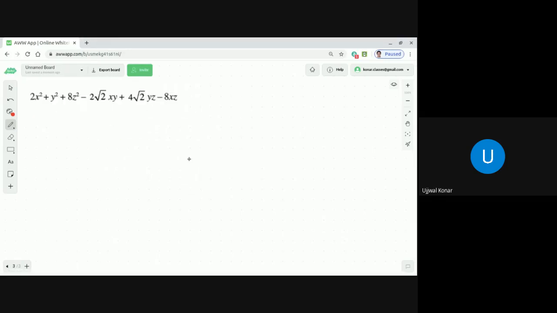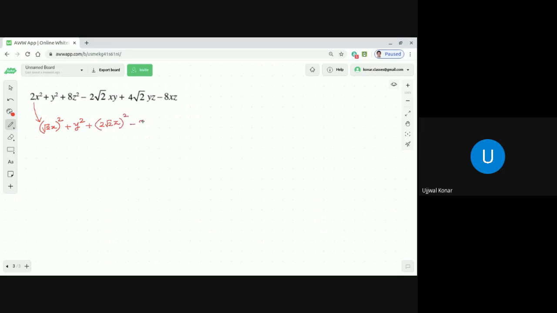Think about how we can express 2x square. You can write root 2 x whole square, no? Correct. That is root 2 into x whole square, right? Then y square is y square, correct? Plus 8z square. 8z square, what you can write? 2 root 2 into z whole square. Correct or not?